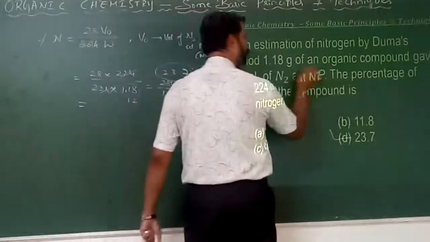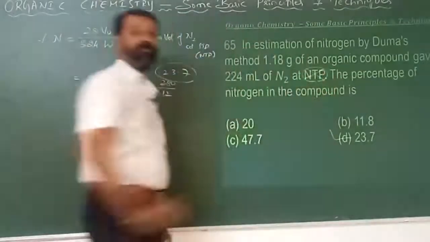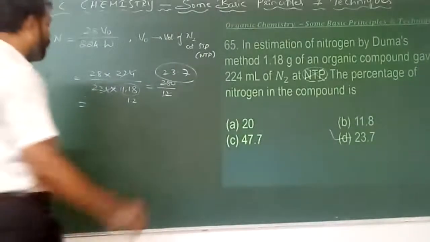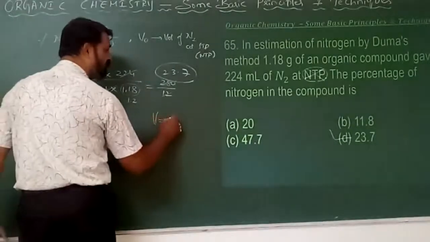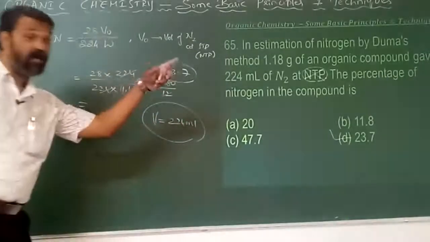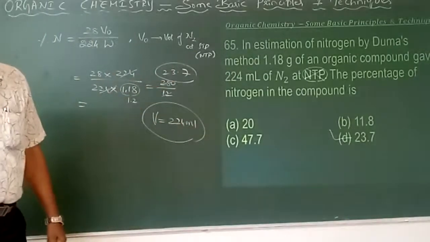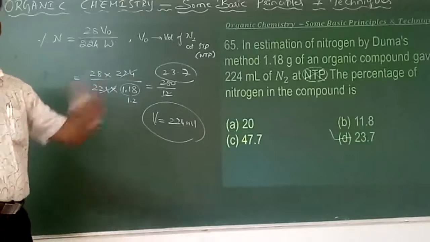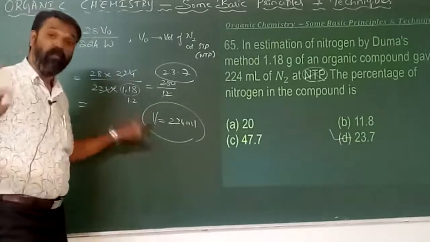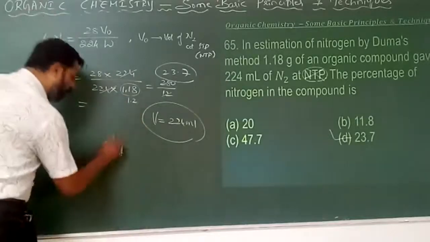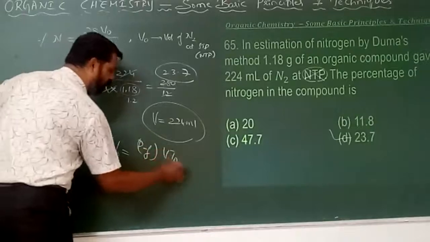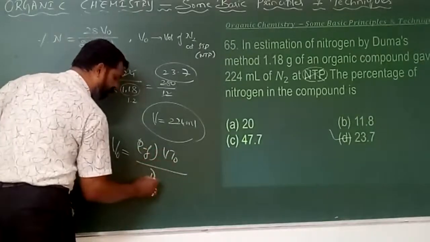Suppose this is not the case. At a certain temperature and pressure, suppose V is given as 224 ml. Well, if NTP or STP is not provided, and it is a laboratory temperature and laboratory pressure, then it is not V0, it is actually V. Now, to get V0, we have to use the new formula: (P minus f) into V into T0 divided by T0 into V1.